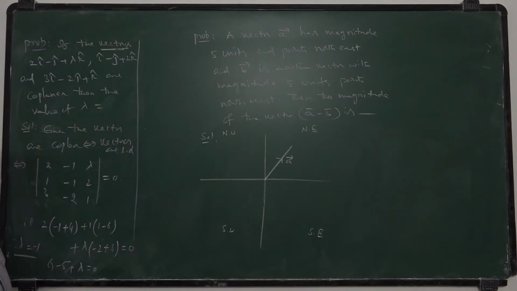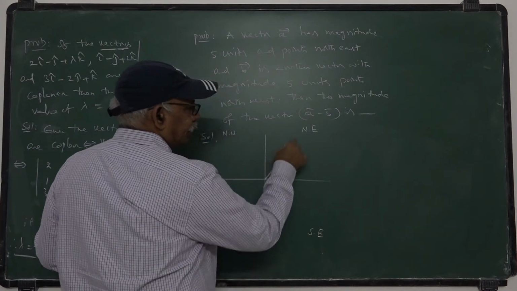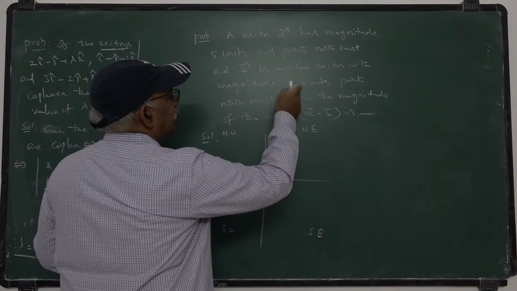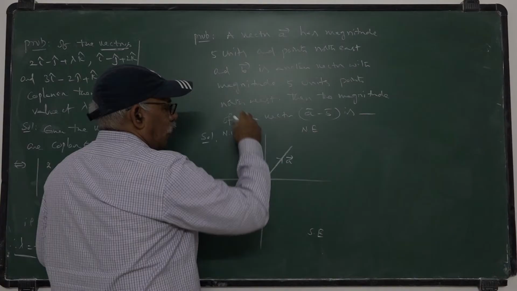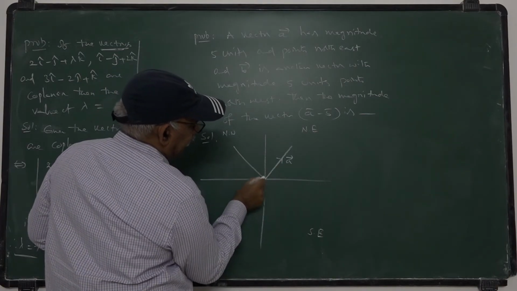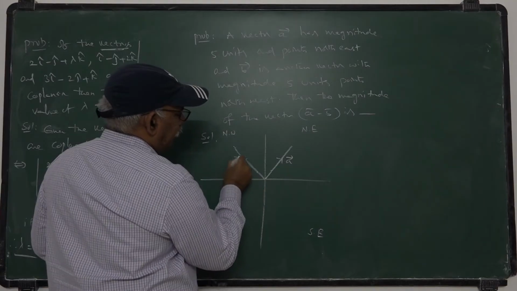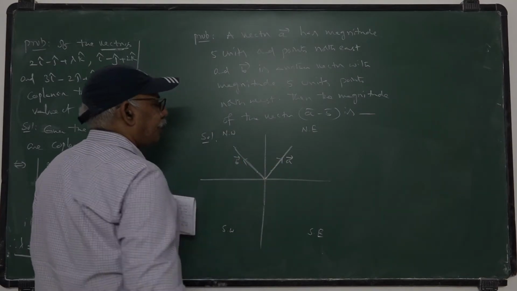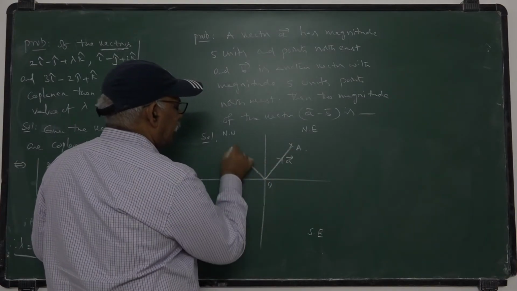So A bar is the vector in the direction of northeast, having 5 units magnitude. Similarly, B bar is another vector, points towards northwest. Let us consider this is OA bar and this is OB bar.